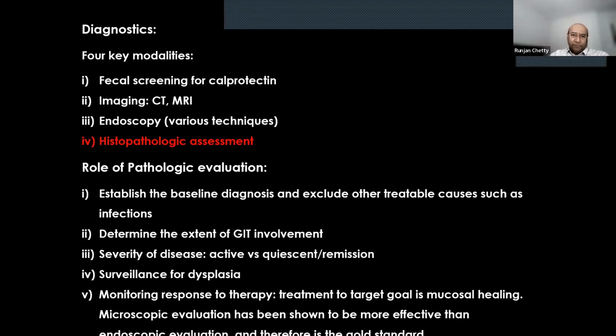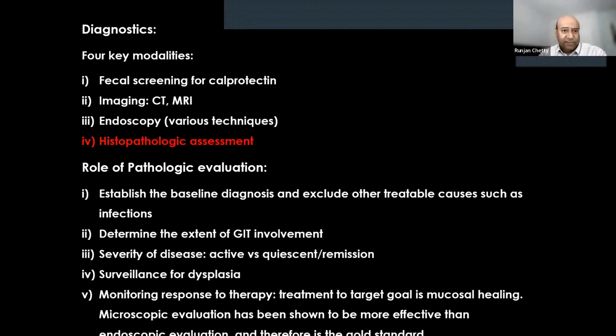From a diagnostic point of view, we have 4 key modalities. Now, fecal screening is very common these days, and they screen for calprotectin. Imaging, everyone who has any abdominal pain now has imaging, and CT and MRI are very important diagnostic modalities.